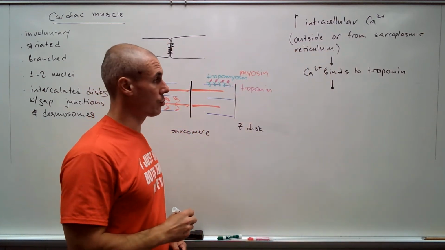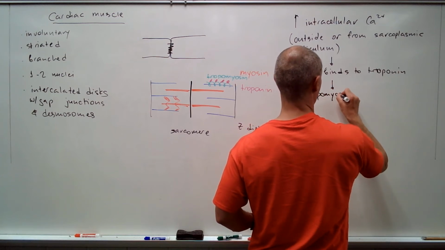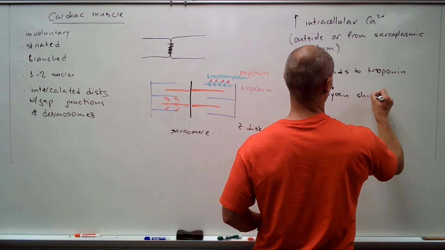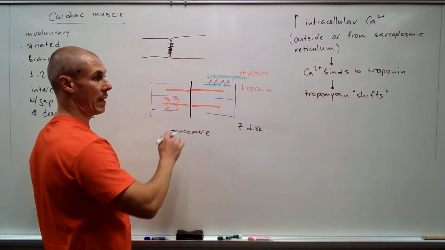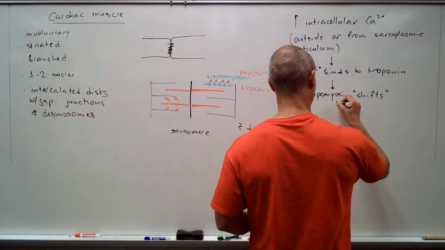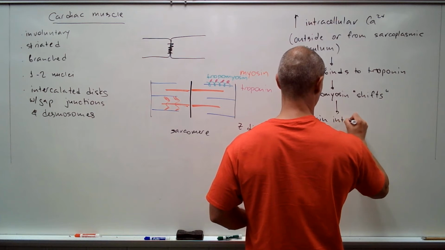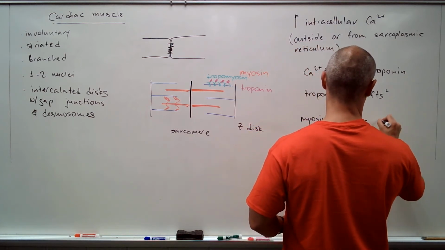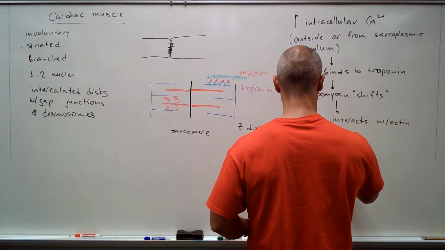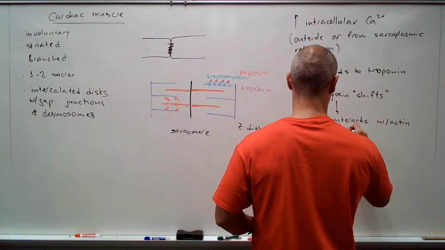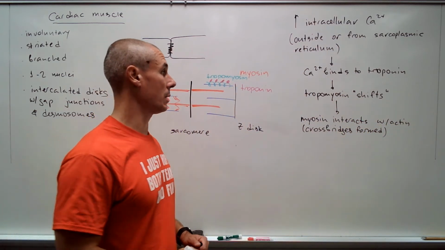Binding of calcium to troponin results to the shift of tropomyosin away from actin and that results in the contraction.